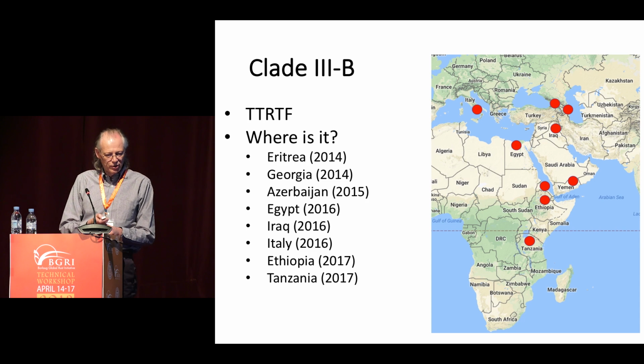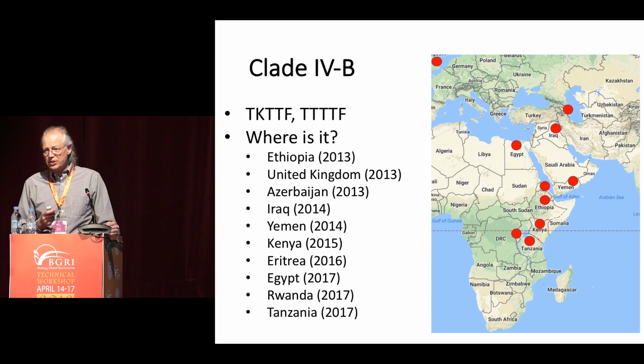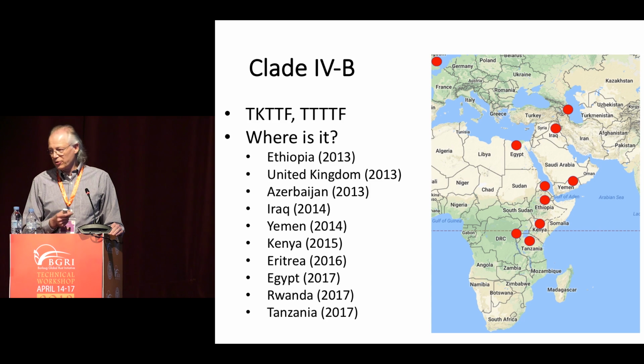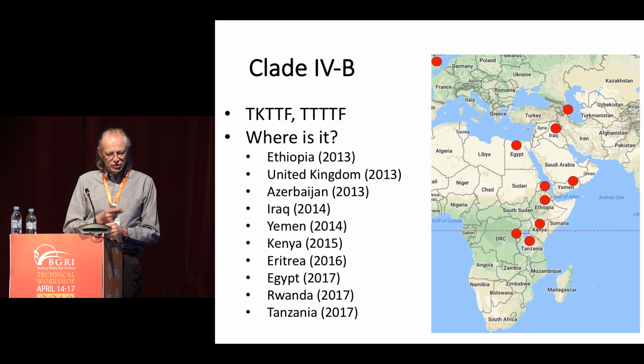The next one I want to talk about is our friend 4B. Originally the race was TK-TTF. This lineage, MLG, also now includes the TT-TTF. As I mentioned, it was first picked up in Ethiopia in 2013.